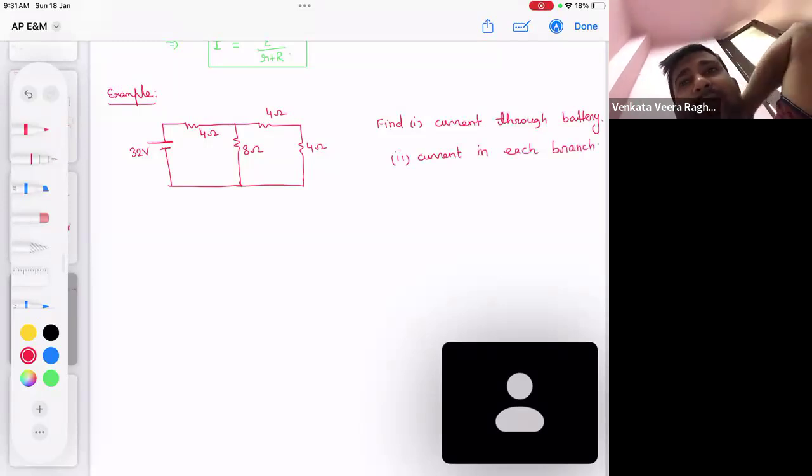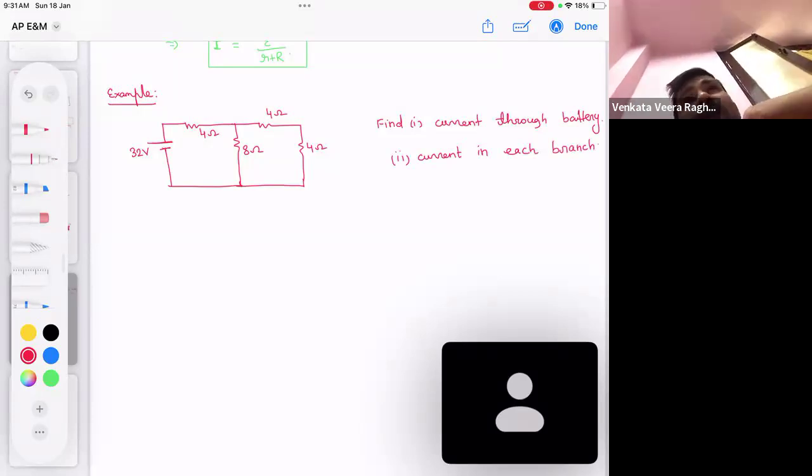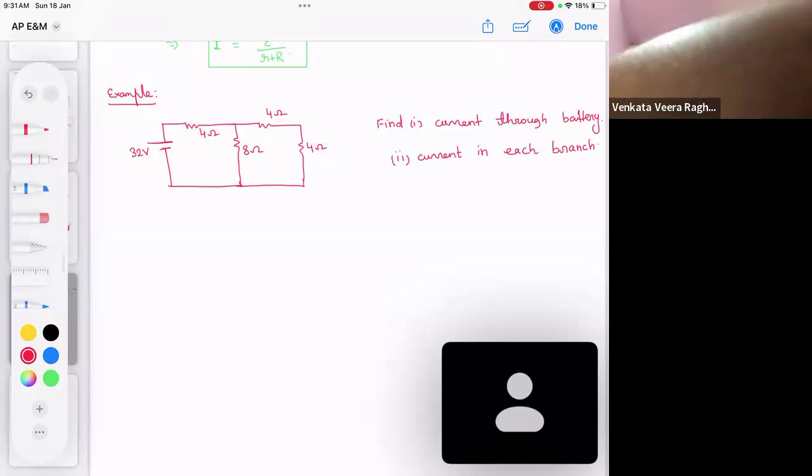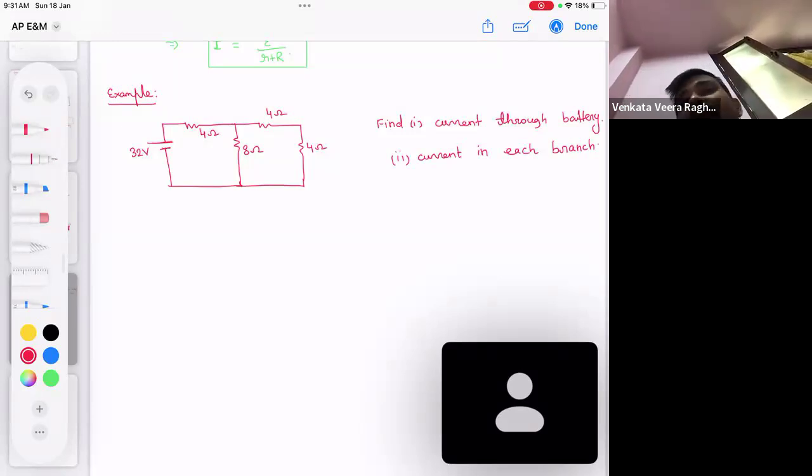See, whenever you want to calculate current through the battery, a simple method is what? If multiple resistors are given in the question, find out the R equivalent. About what R equivalent will we find out? About the ends of the battery. That means 4 ohm, 8, 4, these many resistors are there.